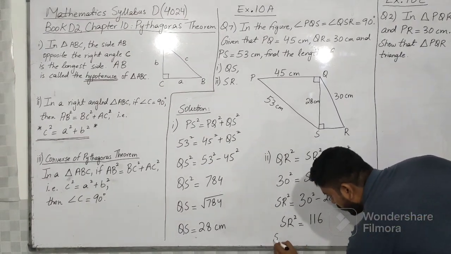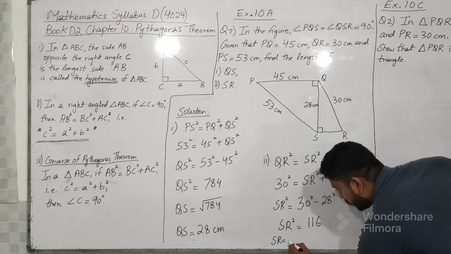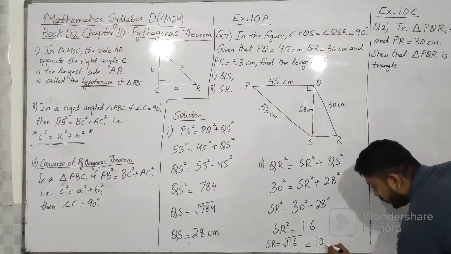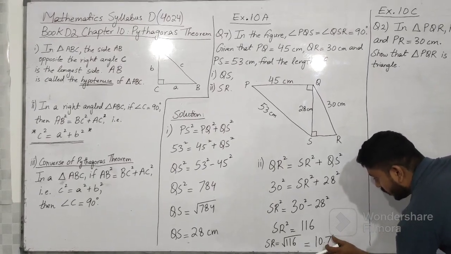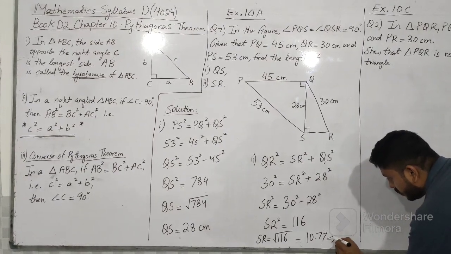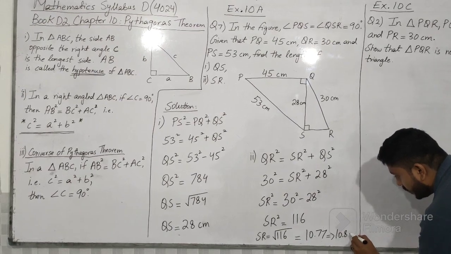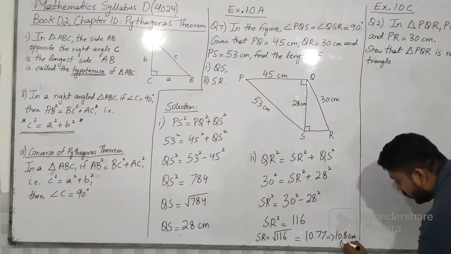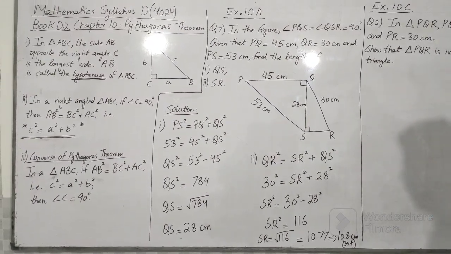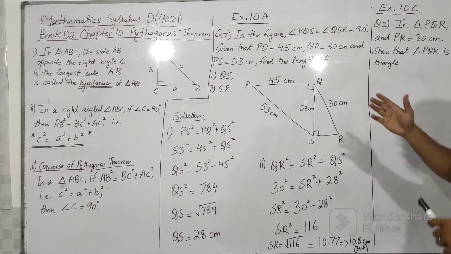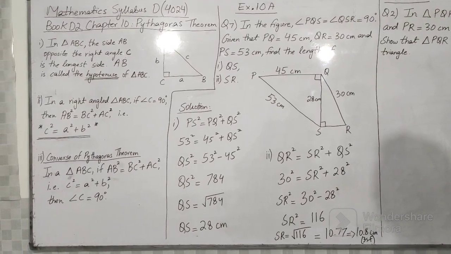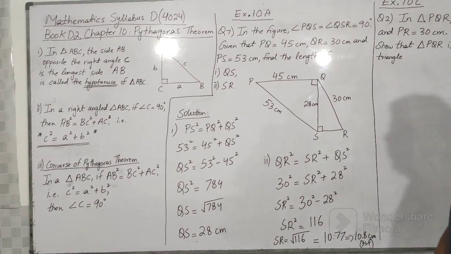So square rooting 116 now will give you 10.77, which rounded off should give you 10.8 cm, correct to 3 significant figure. So that will be it. This is the solution to question 7 of exercise 10A.